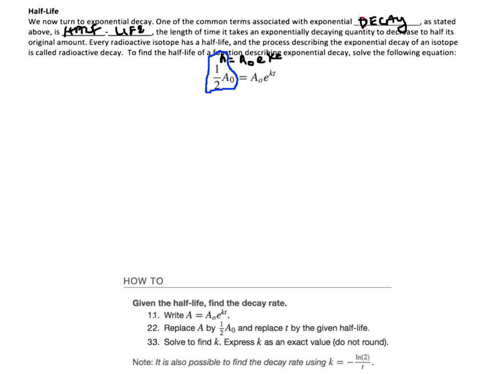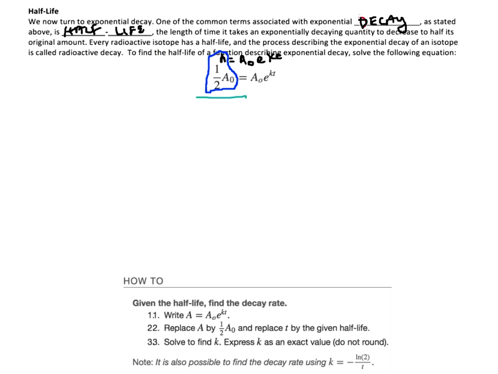So we set A equal to 1/2 A sub 0, which A sub 0 is our initial amount. So if we want to solve this for time, that can be useful since a lot of times when you're dealing with exponential decay involved with half-life, you're wanting to know, well, how old is this thing? How long has this thing been decaying?